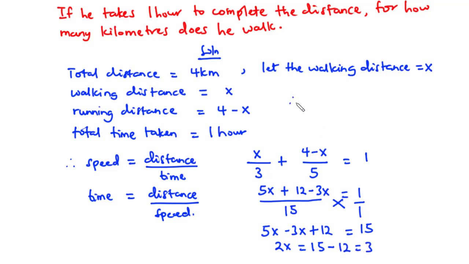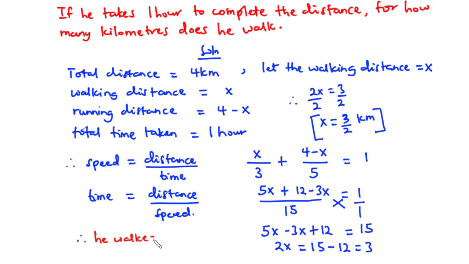Therefore, 2x equals 3. We divide through by 2, and then we have x equal to 3 over 2. Now this is the distance, and it is in kilometers, so 3 over 2 kilometers. Therefore, he walked for 1.5 kilometers.